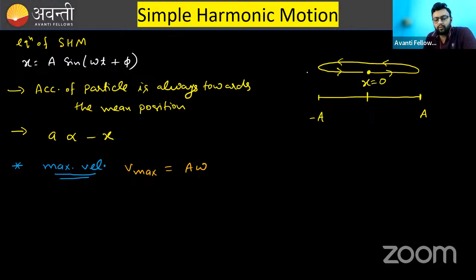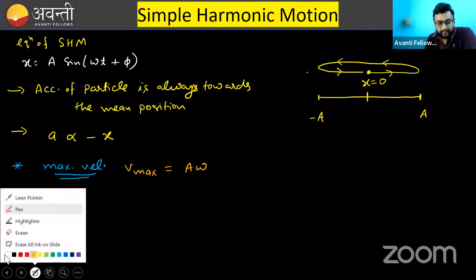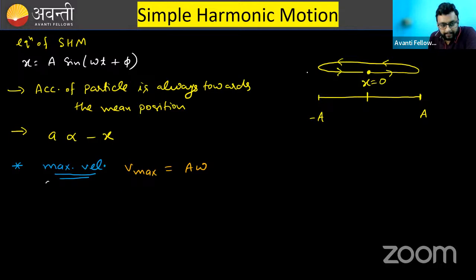So maximum velocity is A omega. A is amplitude, omega is angular frequency. And at which position velocity is maximum? You will say at mean position. So maximum velocity, you need to remember two things. The velocity is maximum at mean position, and the magnitude of this maximum velocity is A omega.